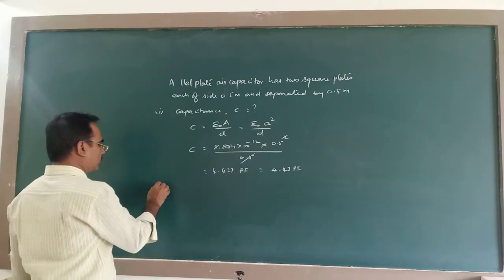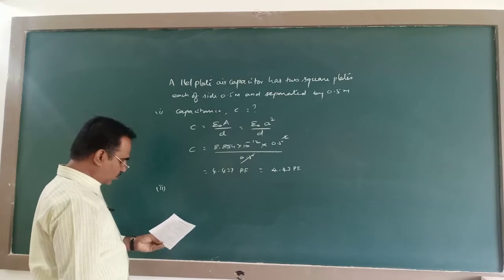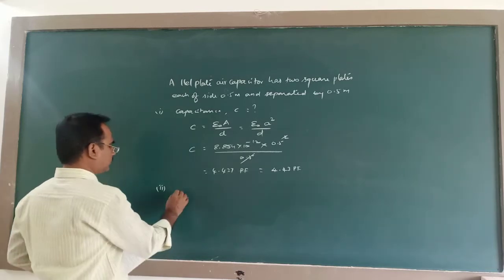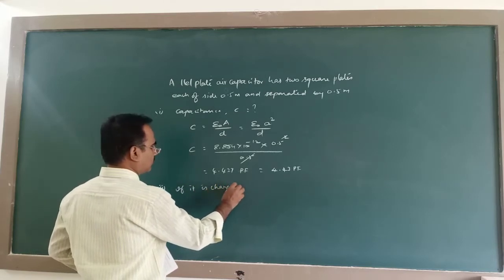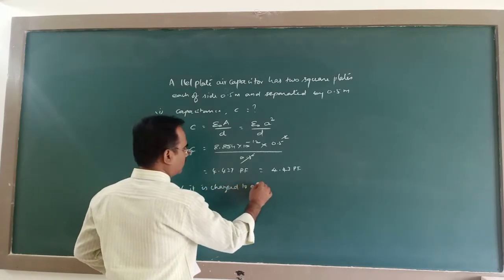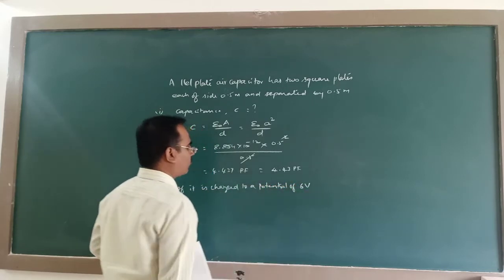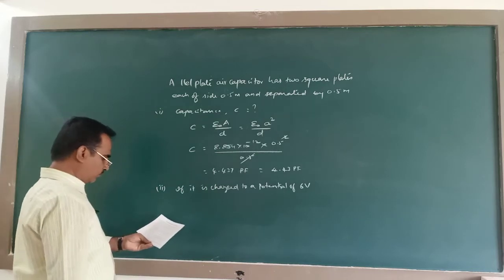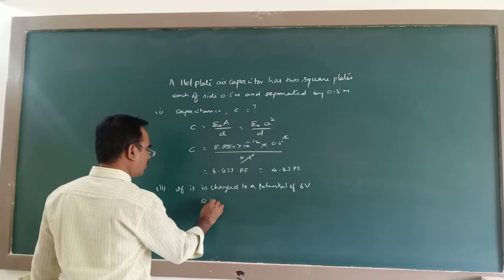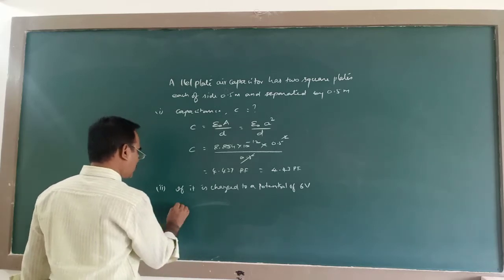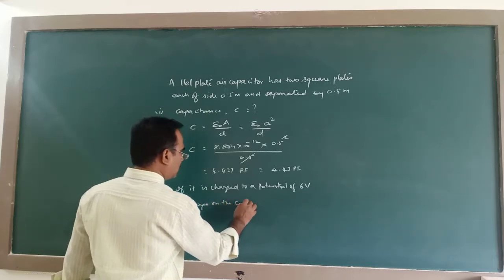In the second part of the problem, it is given that it is charged to a potential of 6 volts. You are asked to find charge on the capacitor and energy stored. First you are asked to find charge on the capacitor.